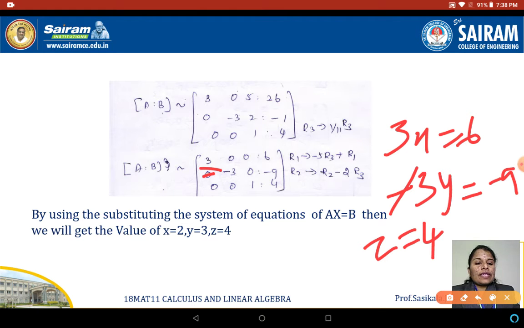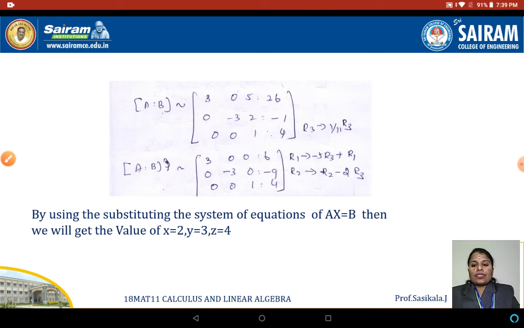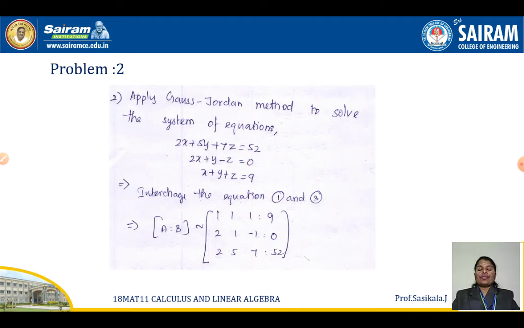From here minus will get cancelled, 3 will get cancelled, I'll get 3. So y is equal to 3, z is equal to 4. And here 3x is equal to 6 by 3 will be 2. So that's why x is 2, y is equal to 3, and z is equal to 4 has come. Okay. So you can just make it a diagonal matrix. You can avoid the backward substitution which you have learned in the Gauss elimination method.